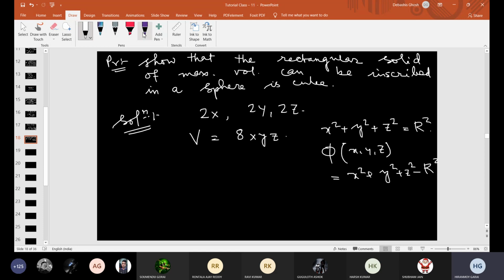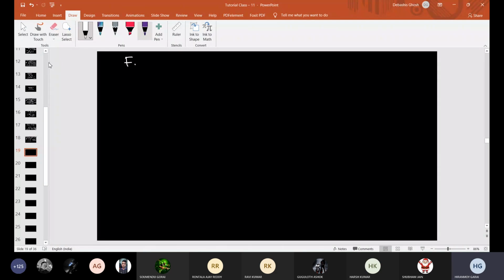We construct one function, f equals V plus lambda into phi. For the critical point, we take the differentiation with respect to x, y, z and lambda. So F of x equals 0, which implies Vx plus lambda phi x equals 0, that is 8yz plus lambda into 2x equals 0.